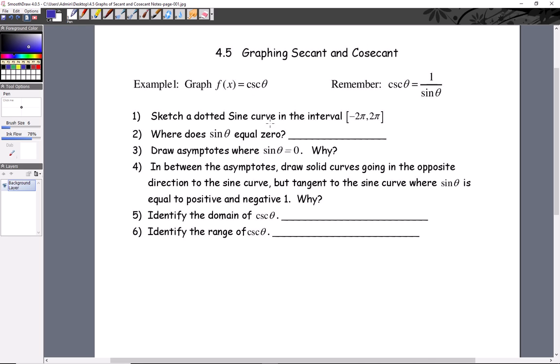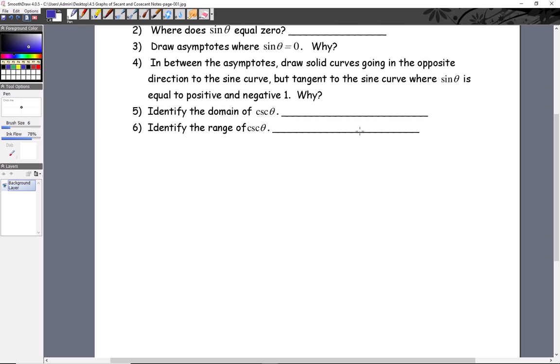All right, so the first thing they're telling us or asking us to do is to sketch a dotted sine curve in this interval from negative 2 pi to 2 pi. So let's go for it. Make your horizontal axis kind of long so that we can fit in two periods.